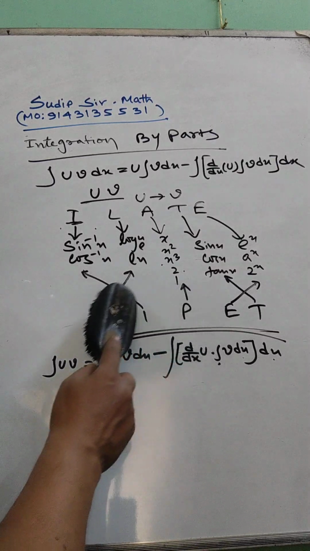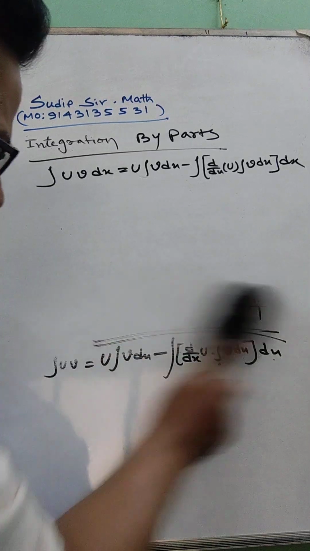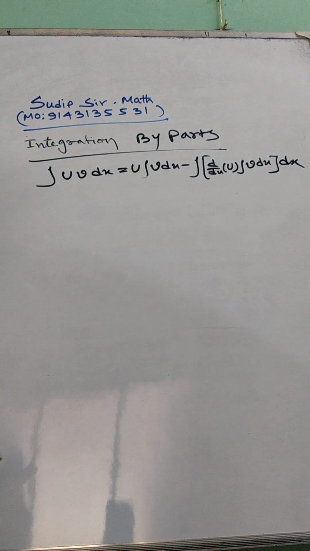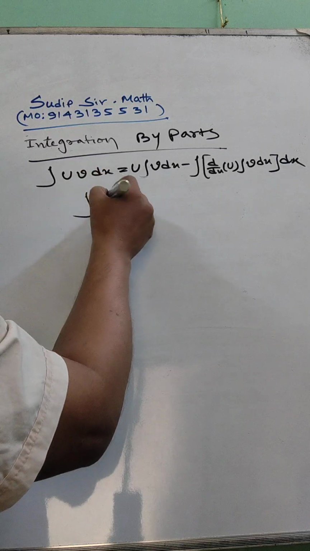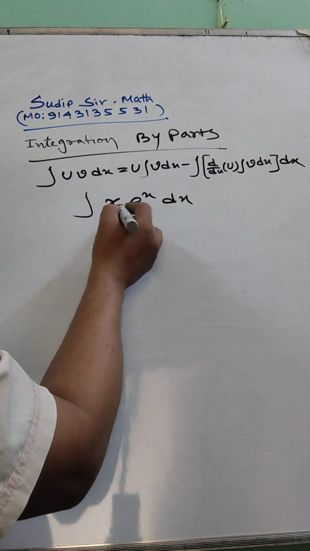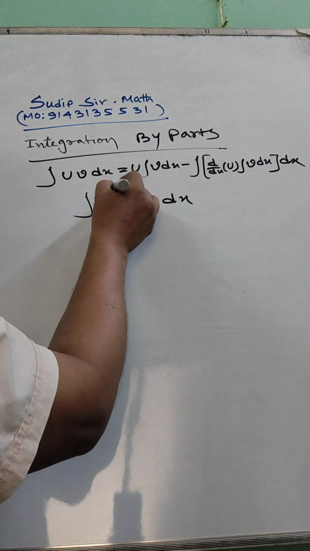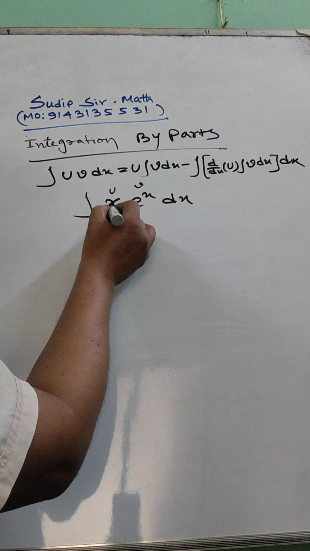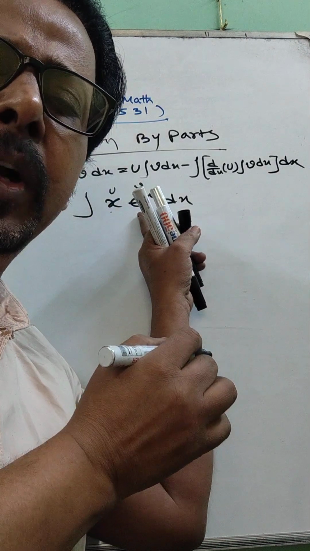I am giving an example. Say integration of x e to the power x dx. It is very clear from LIATE or ILATE that x is U and e to the power x is V, since this is a polynomial function and this is an exponential function.